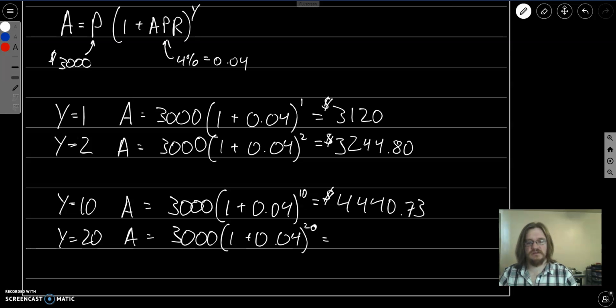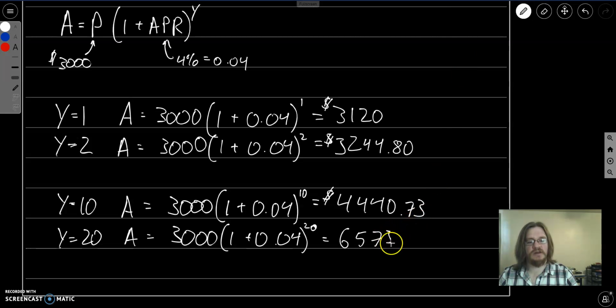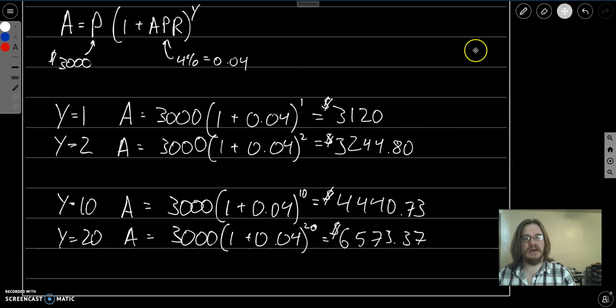So this is just using our formula over and over again. Pretty straightforward when we have a calculator handy.